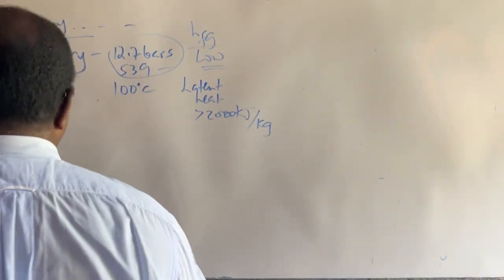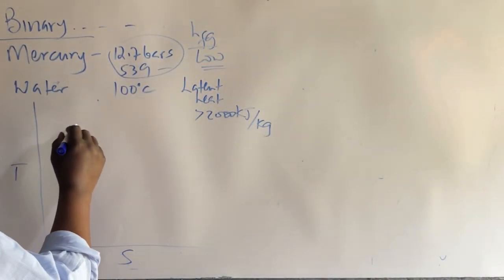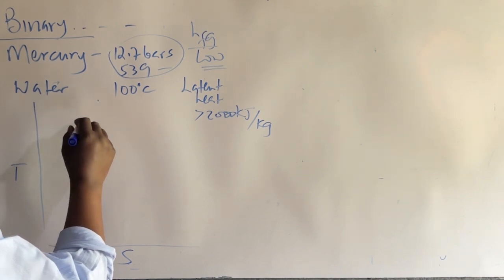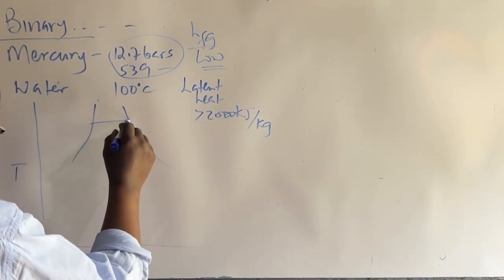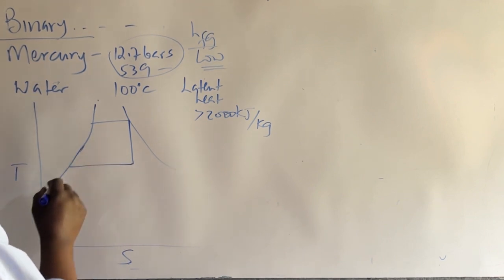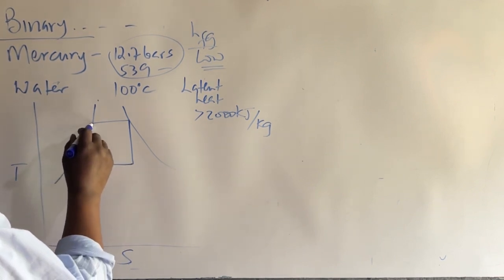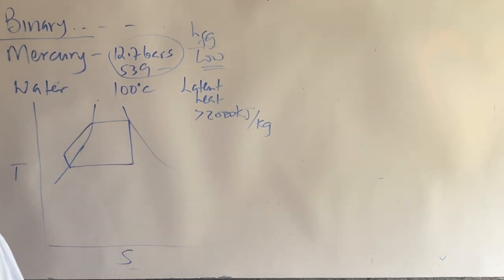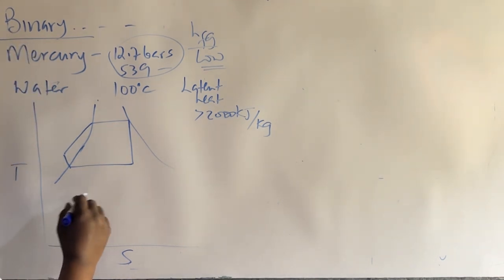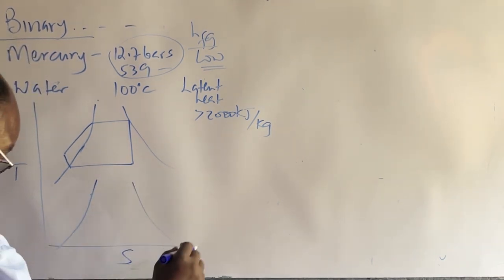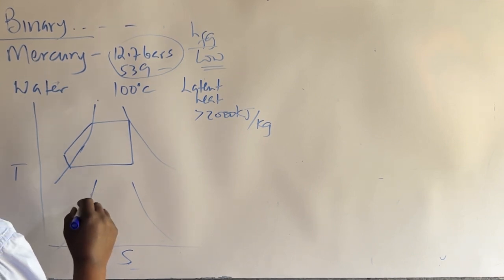The cycle, so let's draw one for the vapor side, for the mercury. And then let's have one for the Rankine circle, water-based.